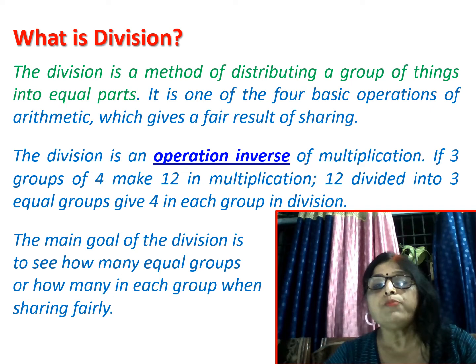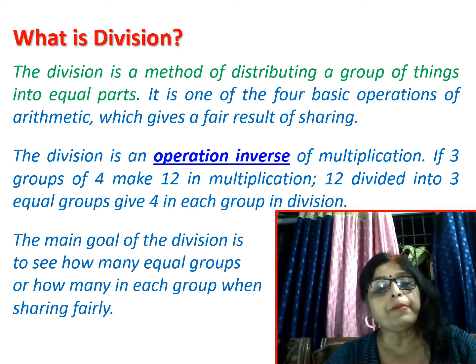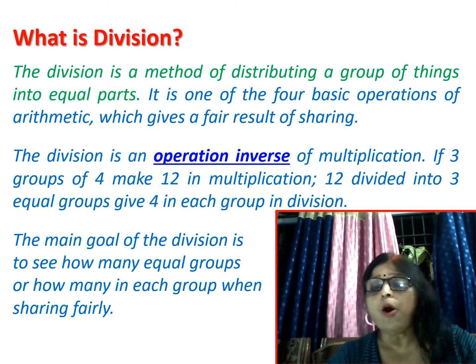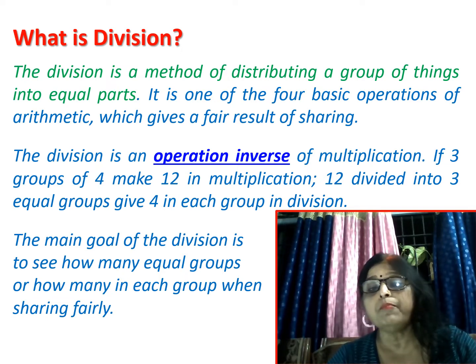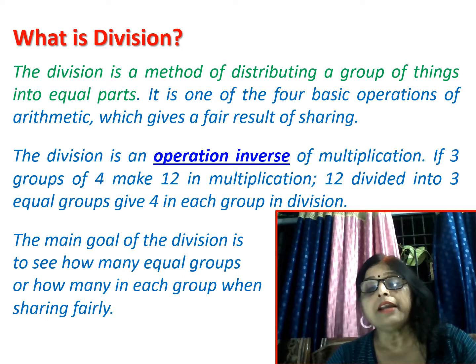So it is one of the 4 basic operations of arithmetic. The 4 basic operations of arithmetic are addition, subtraction, multiplication and division. And division gives a fair result of sharing. It is the inverse operation of multiplication. It means multiplication is repeated addition and division is repeated subtraction.